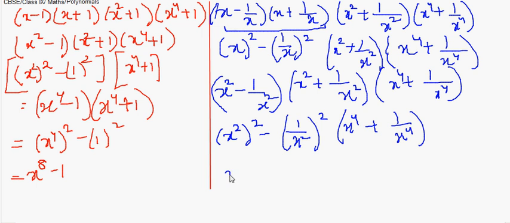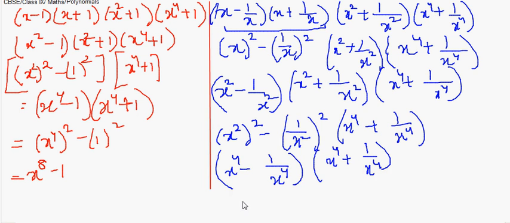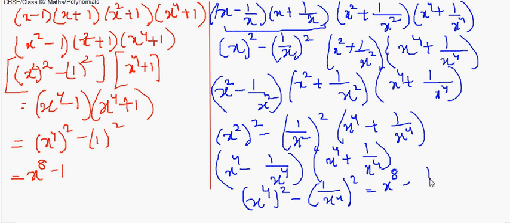So this is x4 minus 1 by x4, this is x minus y, and this is x plus y. So it is x4 whole square minus 1 by x4 whole square. So that's giving you x to the power 8 minus 1 by x to the power 8. That's the answer for this question.